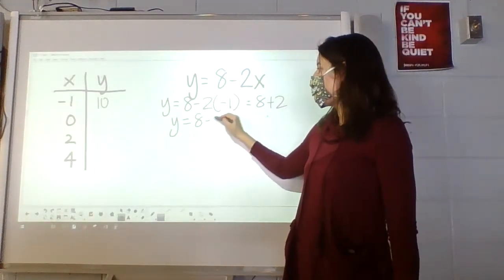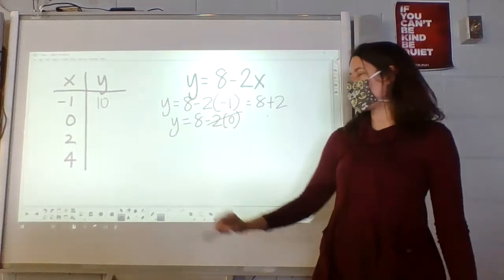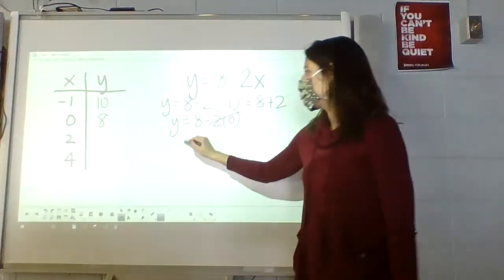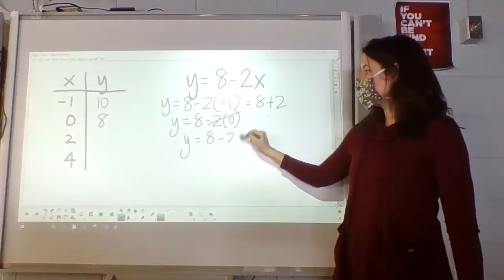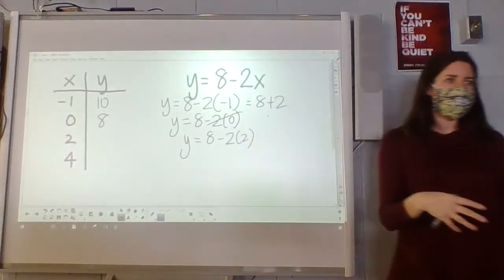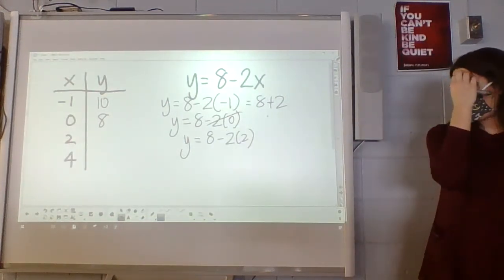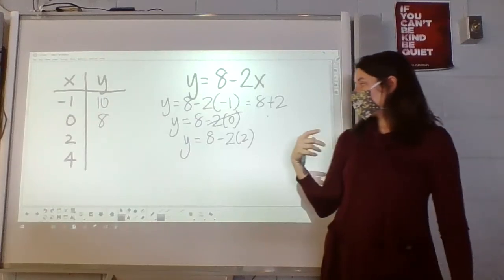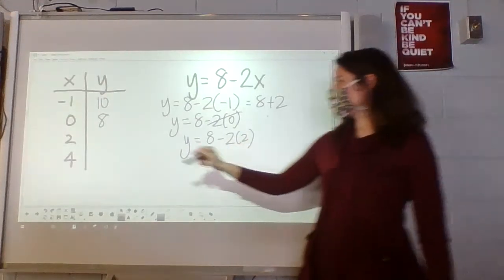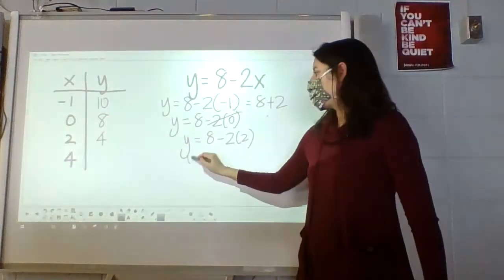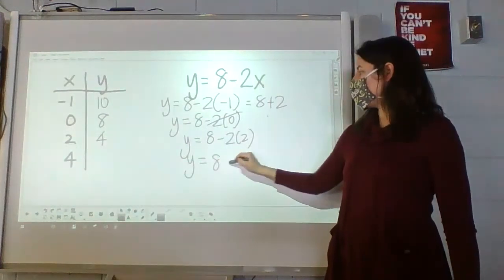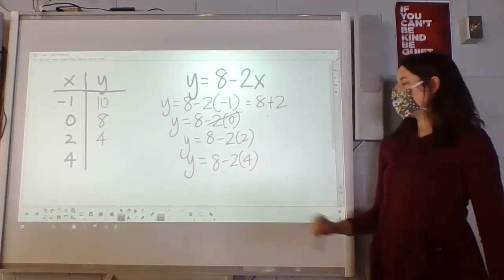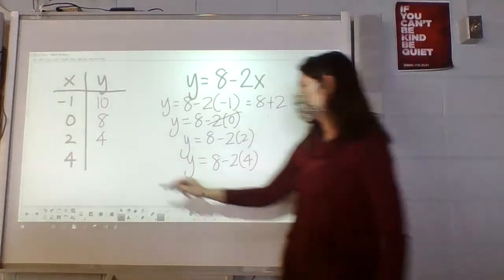Then we have 8 minus 2 times 0. This goes away, so we just have 8. Then we have 8 minus 2 times 2. Remember, you have to do order of operations, so you have to multiply before you subtract. So 8 minus 4, so 4. And then we have 8 minus 2 times 4, so 8 minus 8, so that ends up being 0.